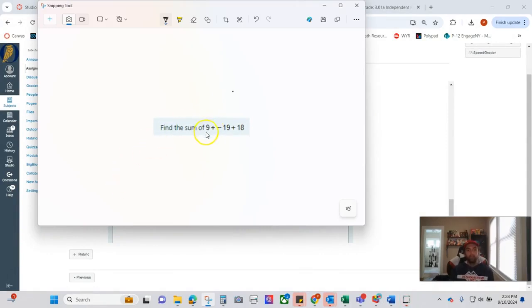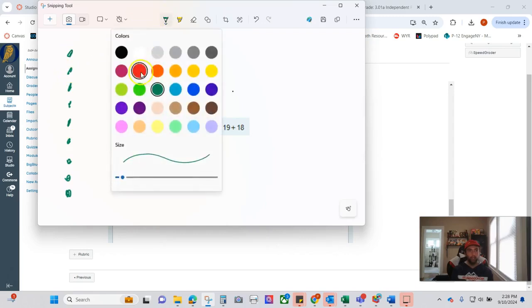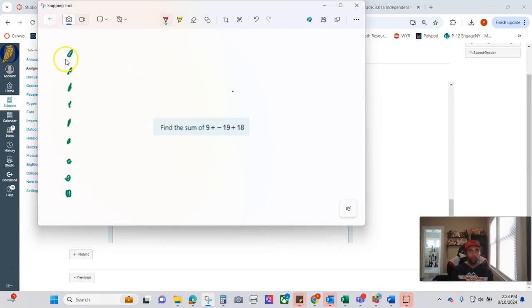Find the sum. You start with 9, then you are adding a loss of 19, and then you gain 18. So you start with 9, 1, 2, 3, 4, 5, 6, 7, 8, 9, and then we lose 19. Uh-oh.